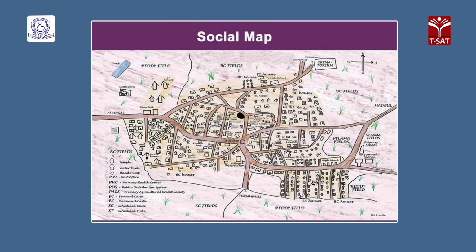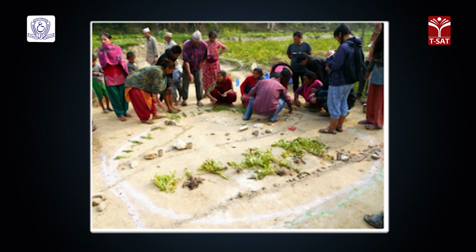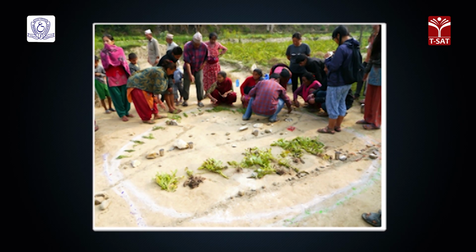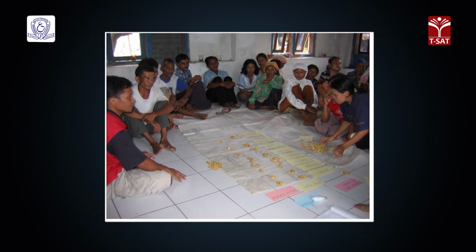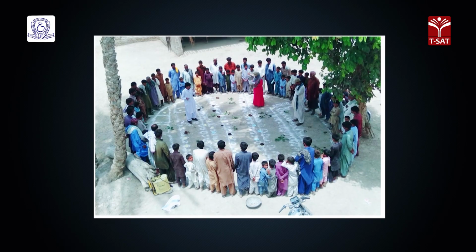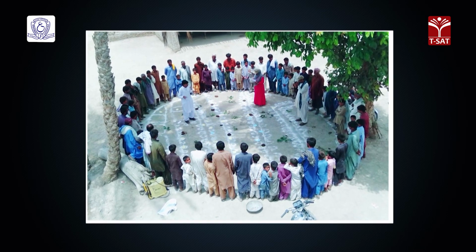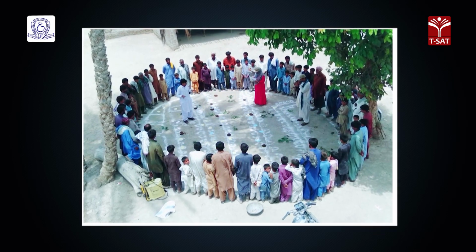Social map is the construction of a map of the village living area. Using easily available things like rangoli powders or chalk, stones, small sticks, fruits, flowers, anything which is locally available, the maps are made on the ground by the local people. This is the USP of PRA.